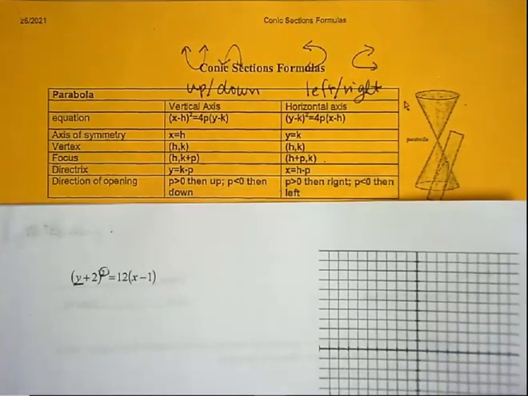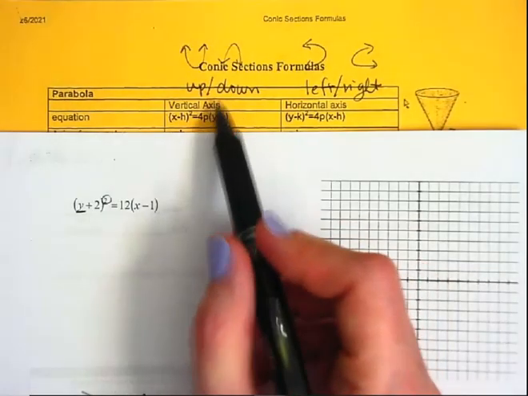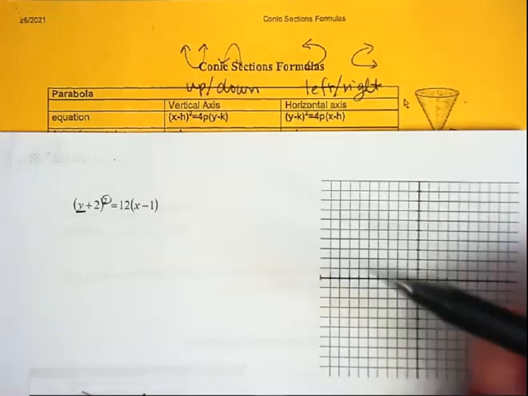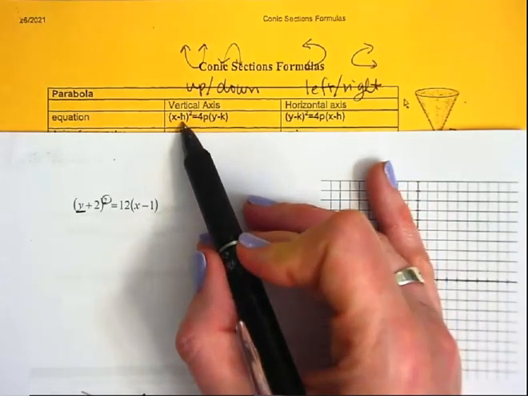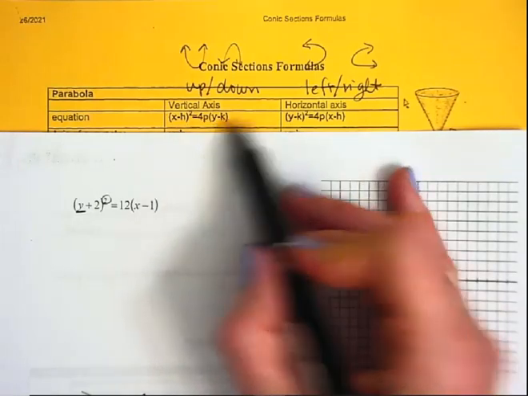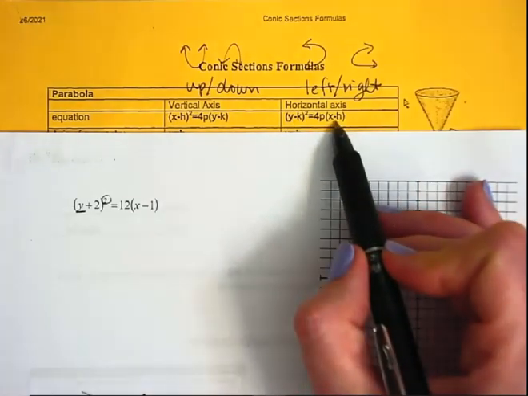So I want to look at the general form for this one from your formula sheet, how it's changed from the up and down oriented parabolas, the vertically oriented. In the problems we just did, we had x minus h squared on the left and y minus k on the right. Now our y minus k is squared on the left and our x minus h is on the right.